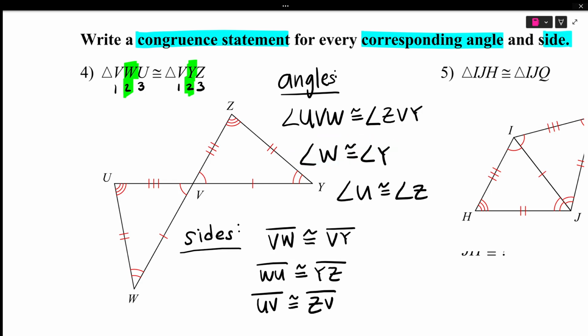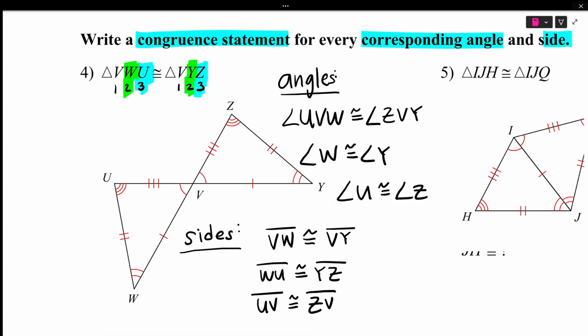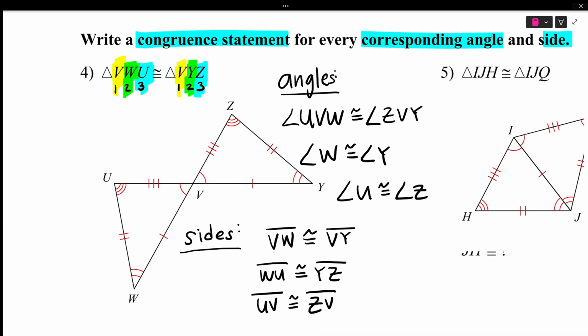Okay, and then also U and Z are the third letters and they're congruent. Okay, and then V is the first letter, but again, we're not going to say angle V is congruent to angle V, so we have to include the other letters. We say UVW, ZVY. Okay, so the order matters here.